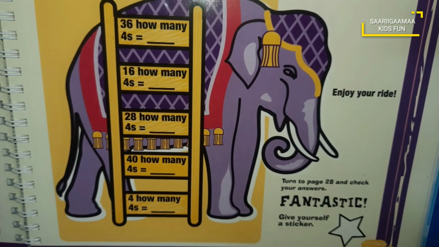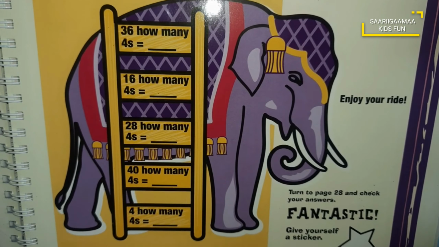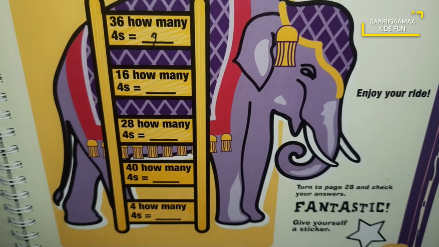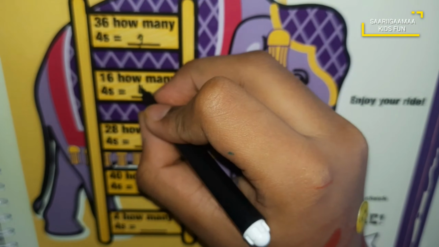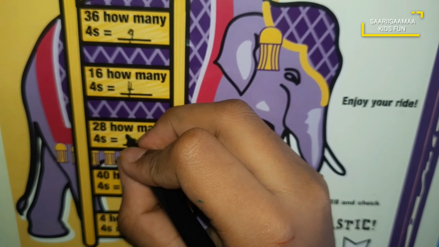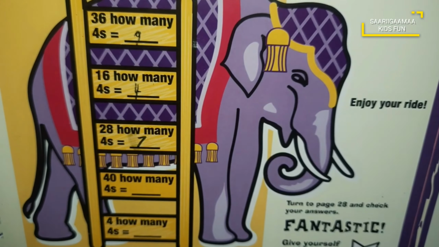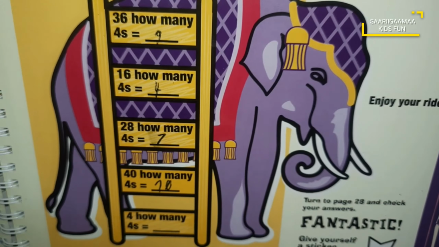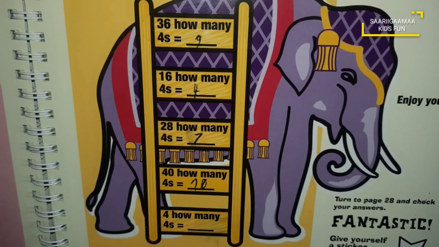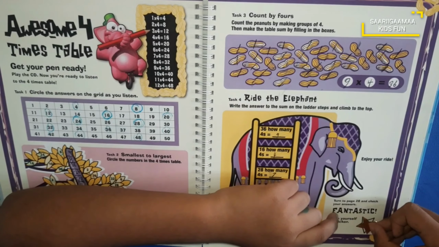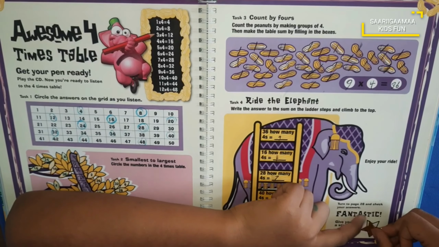Are you ready? So, we are done with the awesome 4 times table.